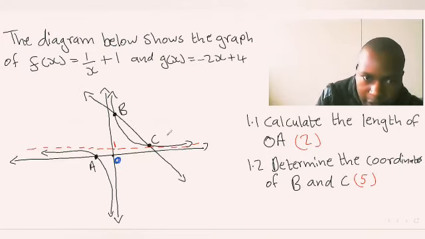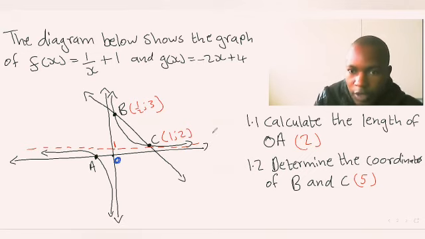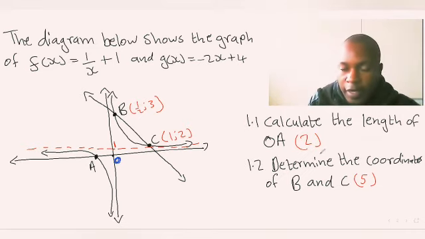Or maybe let me just write it here. That would be 1 is to 2, and this is half is to 3 over there. That is how you determine the coordinates of the points of intersection of the two graphs.